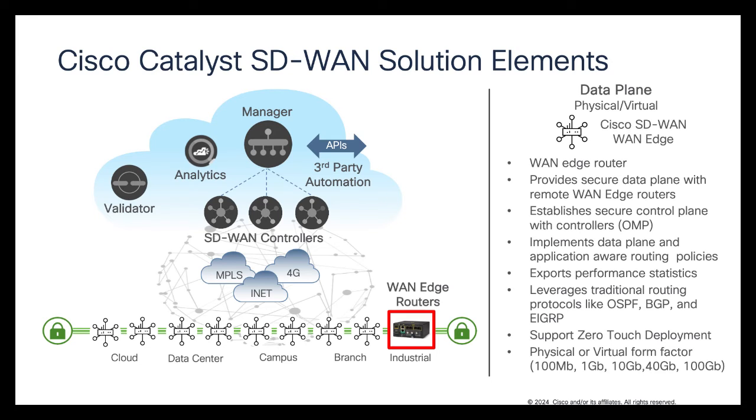So this is the whole idea of SD-WAN management and the segregation and separation of the layers of control, data, and management. And the data plane also is responsible for the application-aware routing policies that are pushed down through the controllers into the WAN edge routers, as well as alerts and events that are sent to the manager system for the single pane of glass operations.